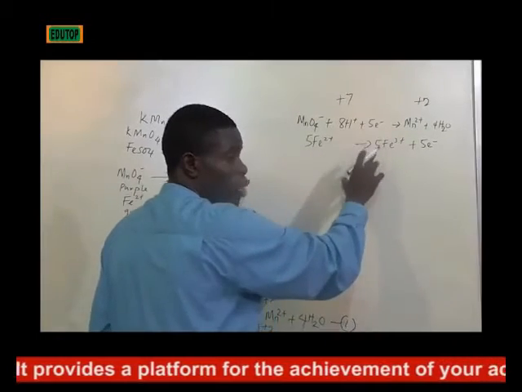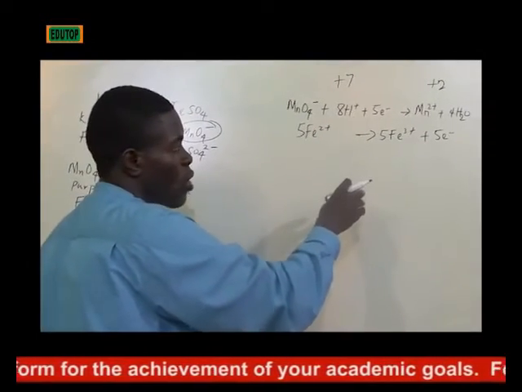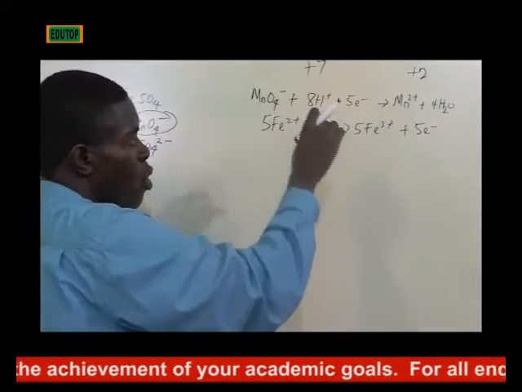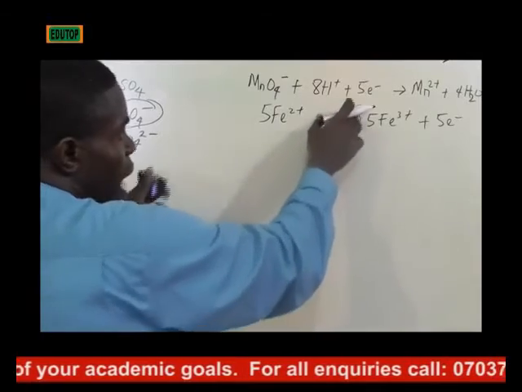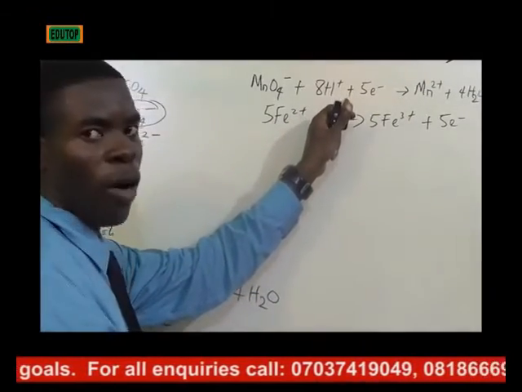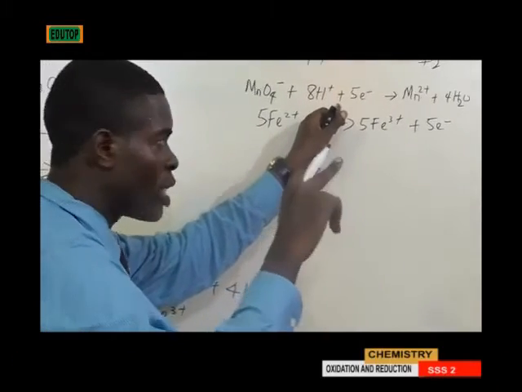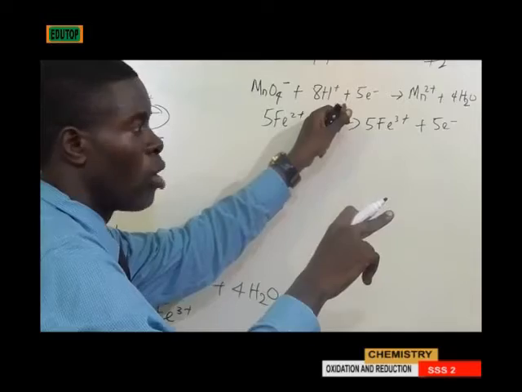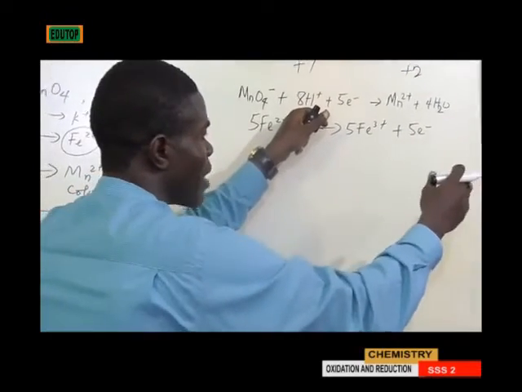Now, since electron must not remain in the final reaction, we have to remove or eliminate the electron. And since electron is on the left hand side of the reaction in 1, it must be in the opposite direction for the reaction 2, that is on the right hand side.